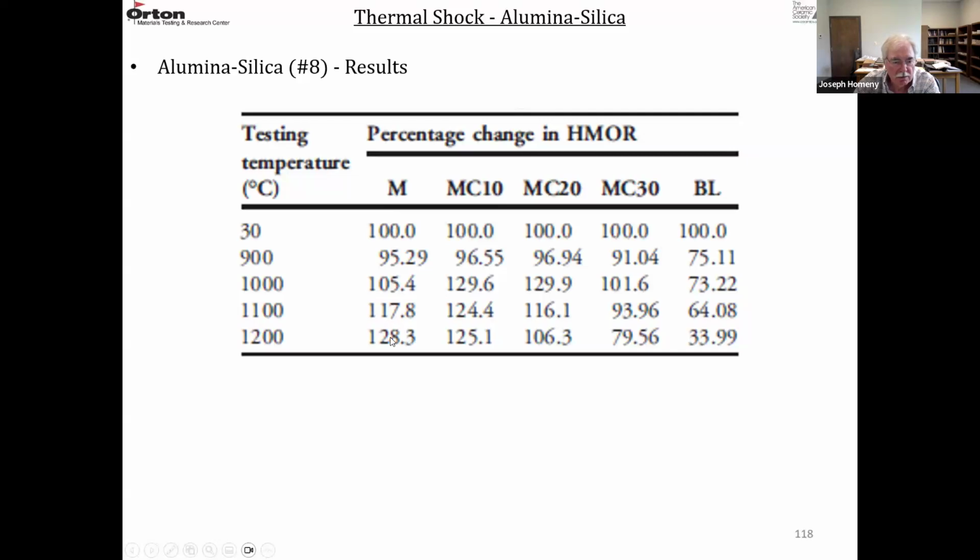So these weren't really degraded during thermal shock. The MC10 and MC20 were also pretty good, they showed a little bit of strength increase. The MC30 started to fall off in strength, so 100% down to about 80%. And then the corundum really fell off in strength from 100 to about 34%.